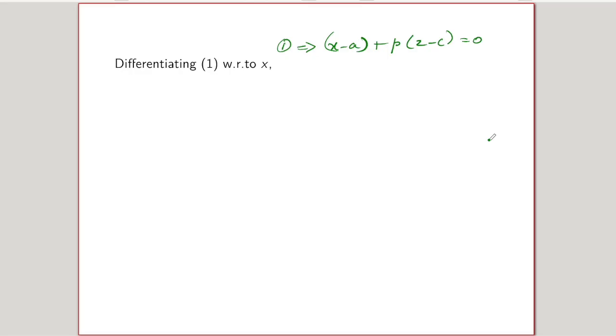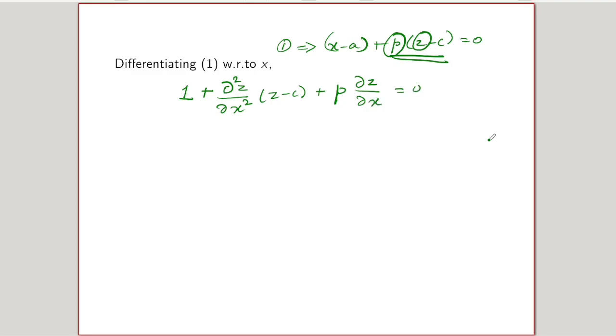Differentiating this equation with respect to x, we will be getting 1 plus, note that in the second term, p is also a dependent variable and z is also a dependent variable. So we have to differentiate the second term using the product rule. First I am going to differentiate p, and I'll be getting ∂²z/∂x² into (z minus c), and then keeping p as it is, differentiating z, I'll be getting ∂z/∂x, which is p.